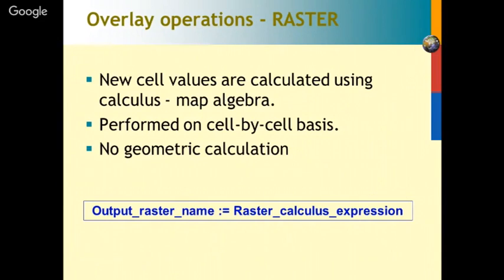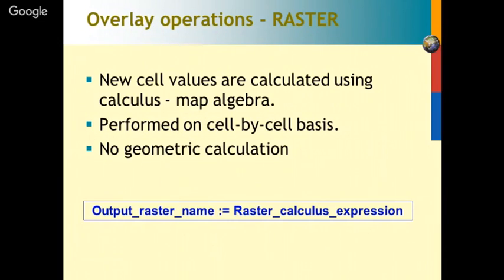So on each grid, a computation is carried out based on the criteria, and then the output gets generated. In this case, no geometrical calculation is required. We just need to traverse the whole grid.